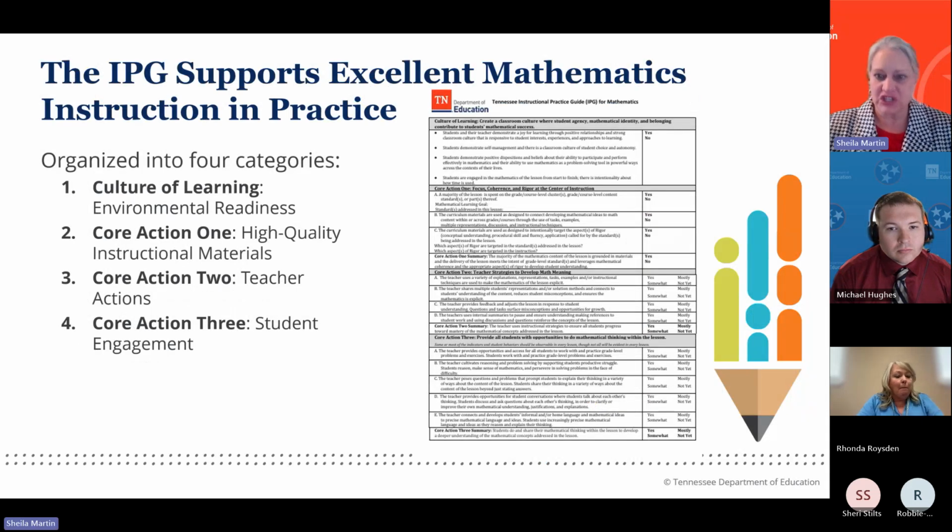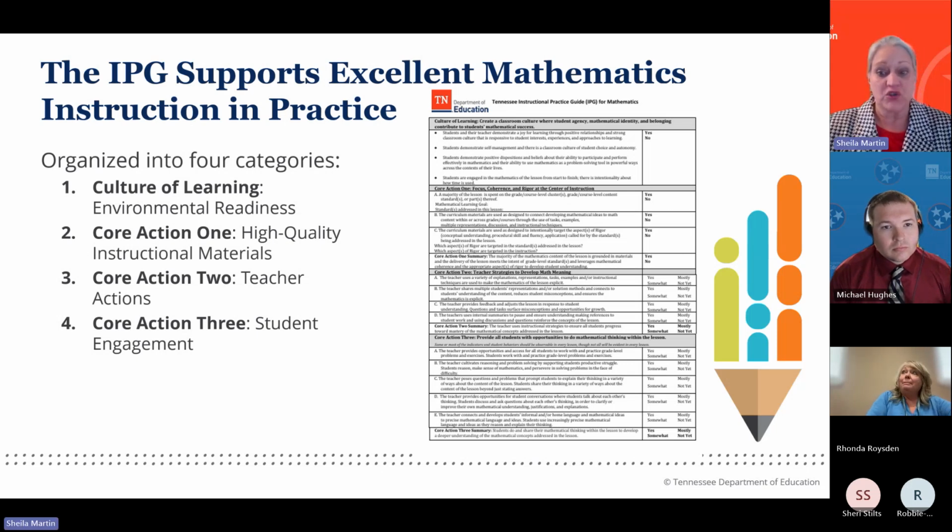Again, as you learned earlier this year, the Tennessee Department of Education has two tools to support the vision for strong literacy instruction. Although the math tool is slightly different, each IPG mirrors one another in focus. So we have the culture of learning, the use of high quality instructional materials, teacher actions or teacher moves, including questioning, modeling, and then student actions or engagement, student practice, things like that.